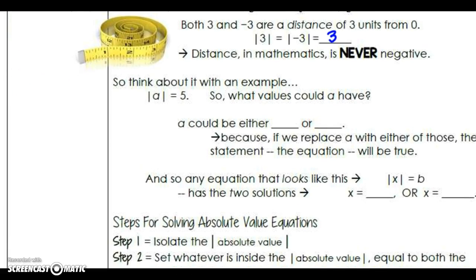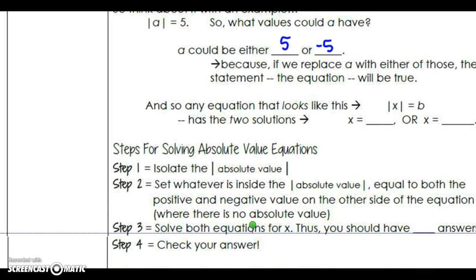But when we think of it like what could A be to give us an absolute value of 5, it could be 5 or negative 5. Because if we replaced A with either of those values, it would give us that absolute value.